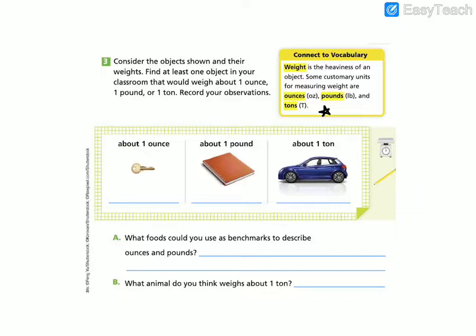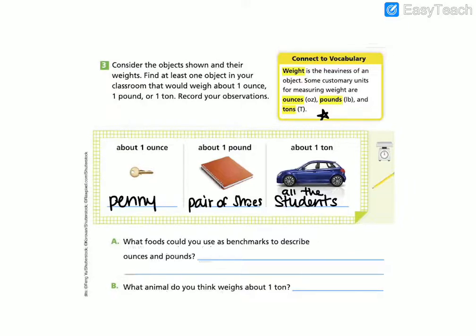So looking around, what is about the weight of a key, about the weight of a notebook, and about the weight of a car? Pause the video and write your answers. Some of the things I came up with were a penny for 1 ounce, a pair of shoes for about a pound, and for about 1 ton, I thought about all the students in my classroom.